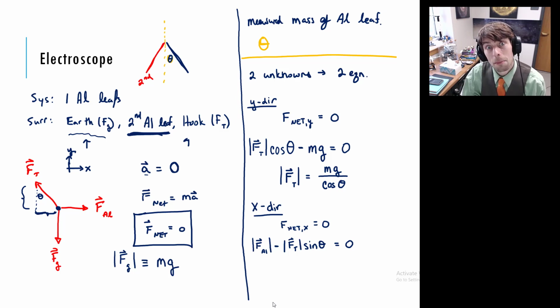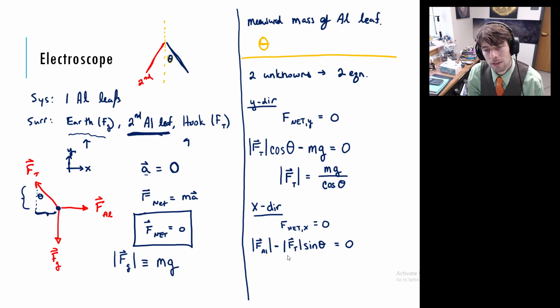Now, of course, from our discussion about the y direction, we have an expression for the tension force. So I'll get the force of the aluminum piece by itself and substitute in the expression for the tension force.